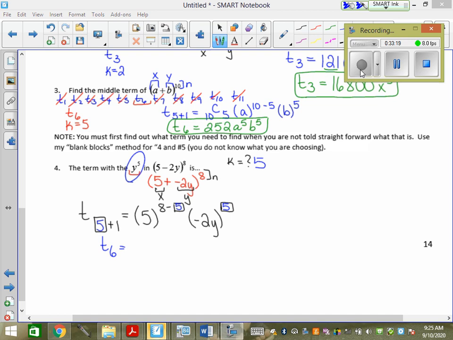Oh, why did I forget the nCk part, people? No one stops me. Just let me skip that part. I would have done the whole thing and no one would say anything. 8C blank, which is 5. So what's 8C5?